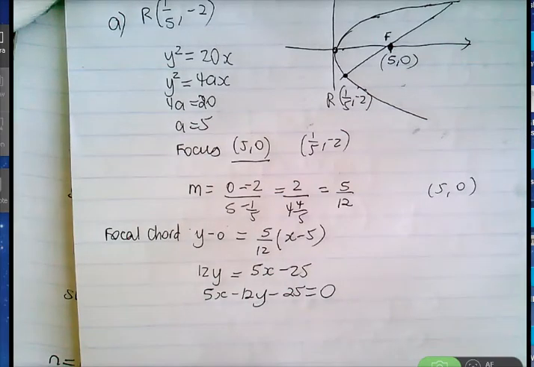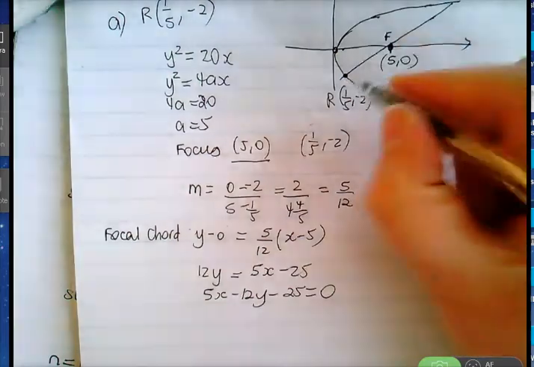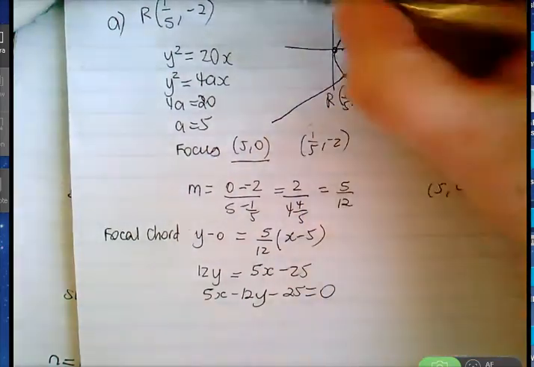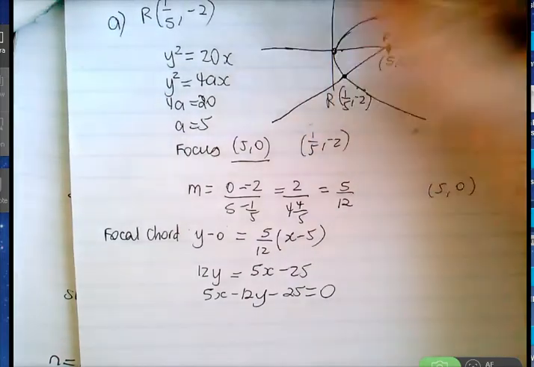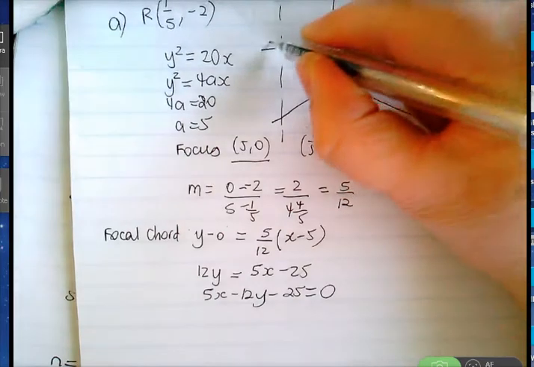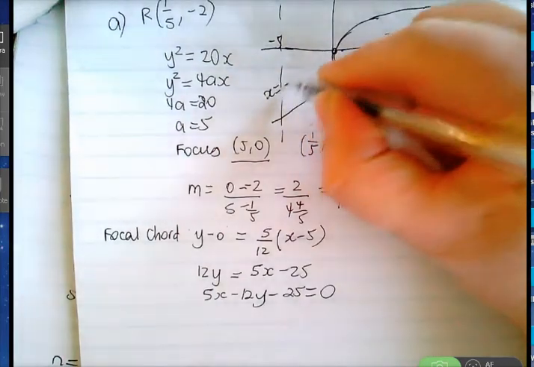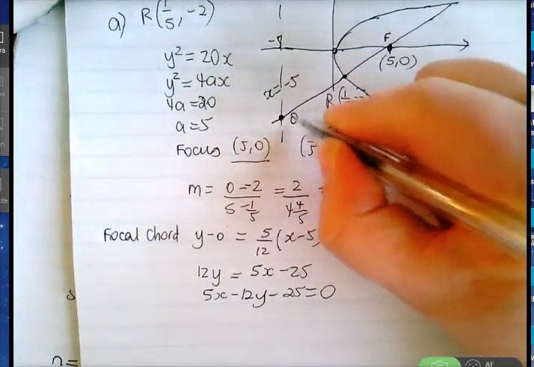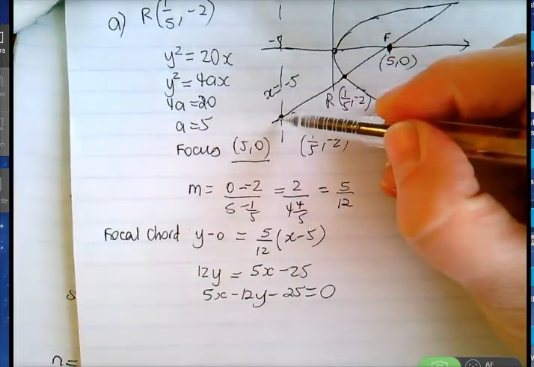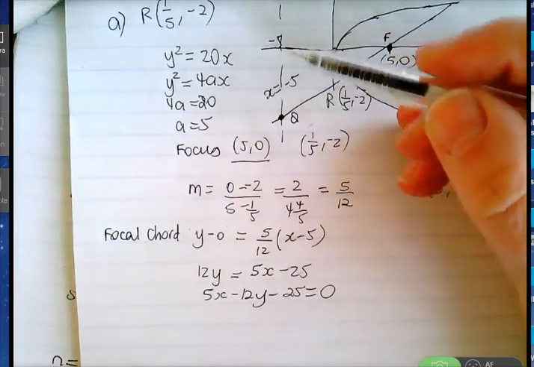Now, it says find the coordinates of Q, the point where this line, or the chord, cuts the directrix. So where's the directrix? Yeah, it's at x equals -5. That's the directrix. This is the point Q. So all we know about point Q is that its x value is -5.